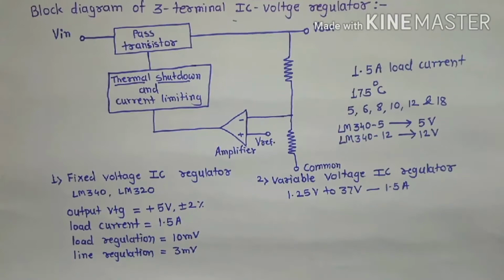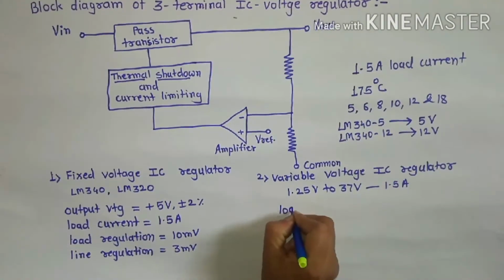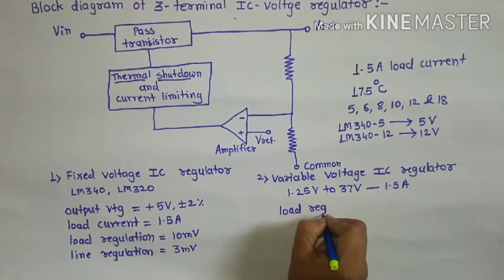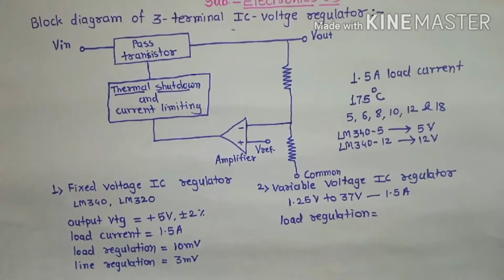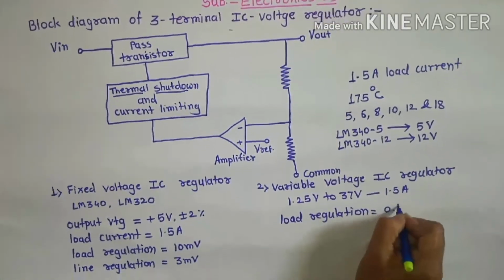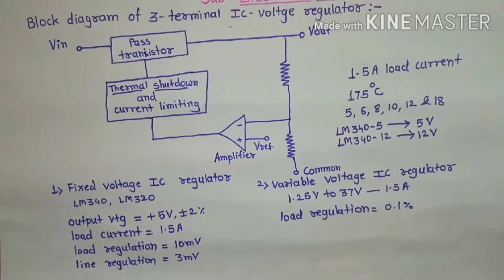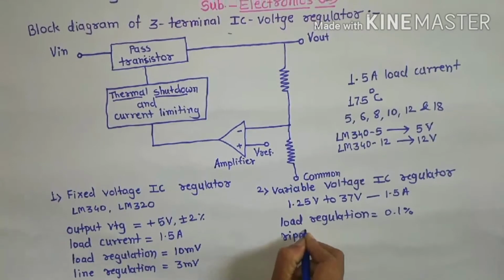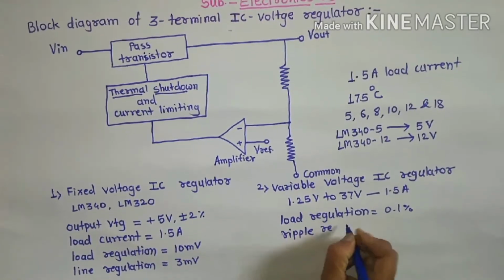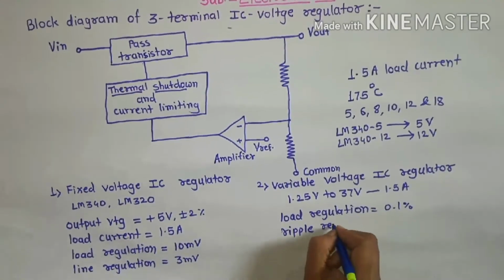Then the load regulation for this variable voltage regulator is 0.1%. Ripples are the unwanted components in the rectifier circuit.